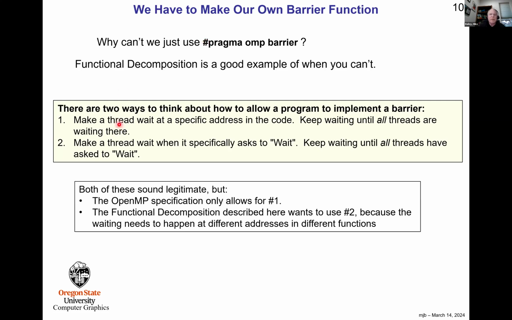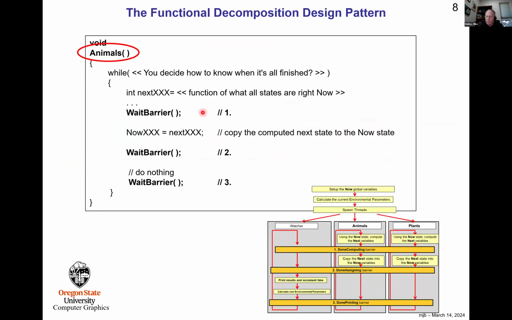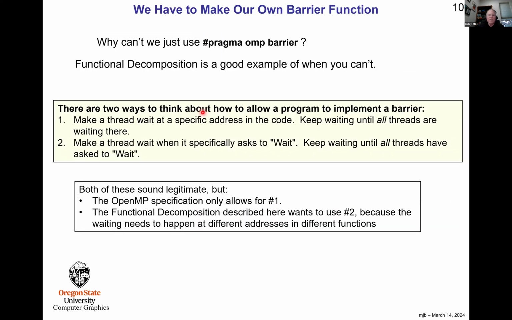One way would be to put some code at a particular address and then put some kind of check so that when each thread gets to that address, that's when they stop and wait for the others. I can think of another way to implement barriers where each thread says wait, like we're doing here, wait barrier, calls a function.